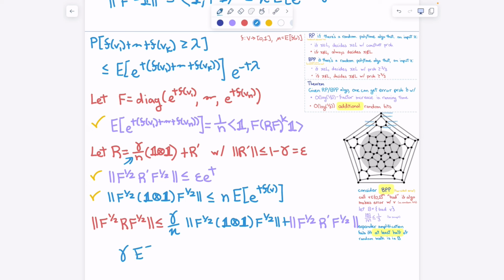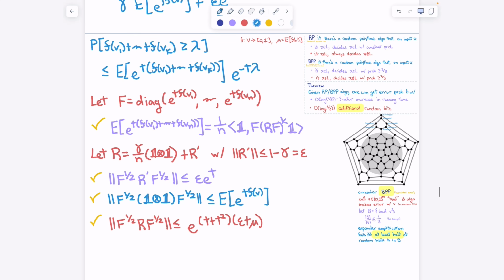Expected value of e to the t f(v) plus epsilon e to the t. All right, good, making progress.